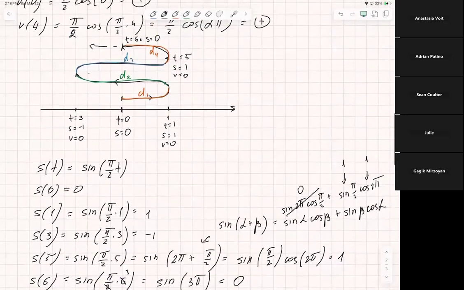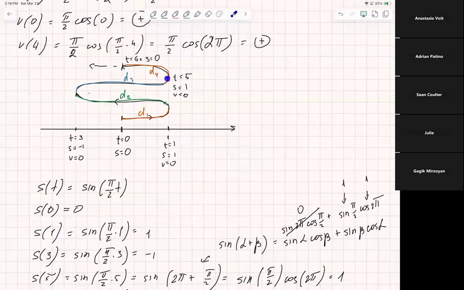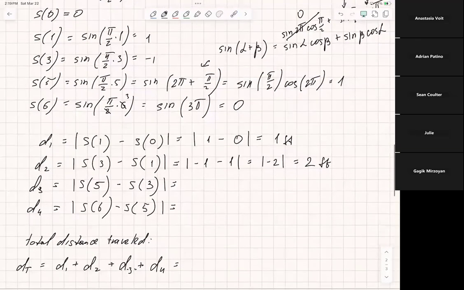Okay, now distance 3. So that's s of 5 minus s of 3. So s of 5 was 1, s of 3 was -1, right? So we would write here 1 minus -1. We get 1 plus 1, which is just 2 feet.